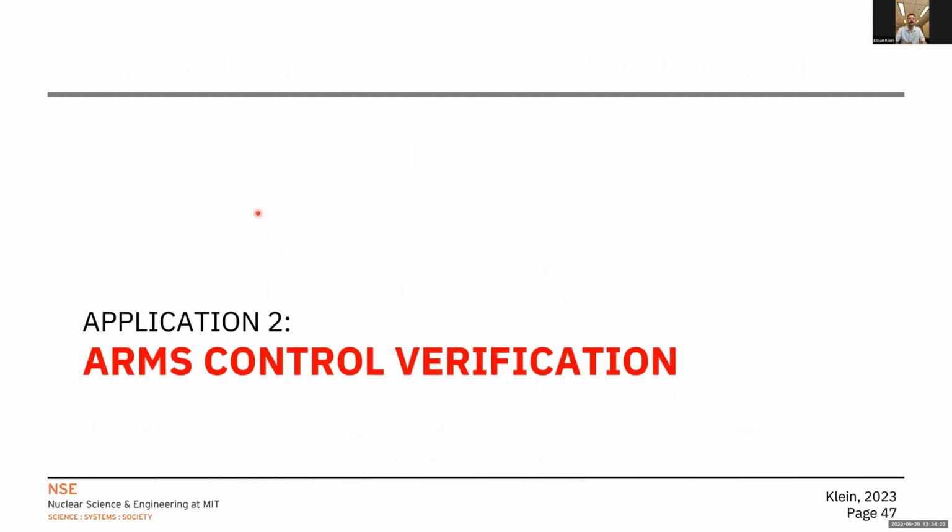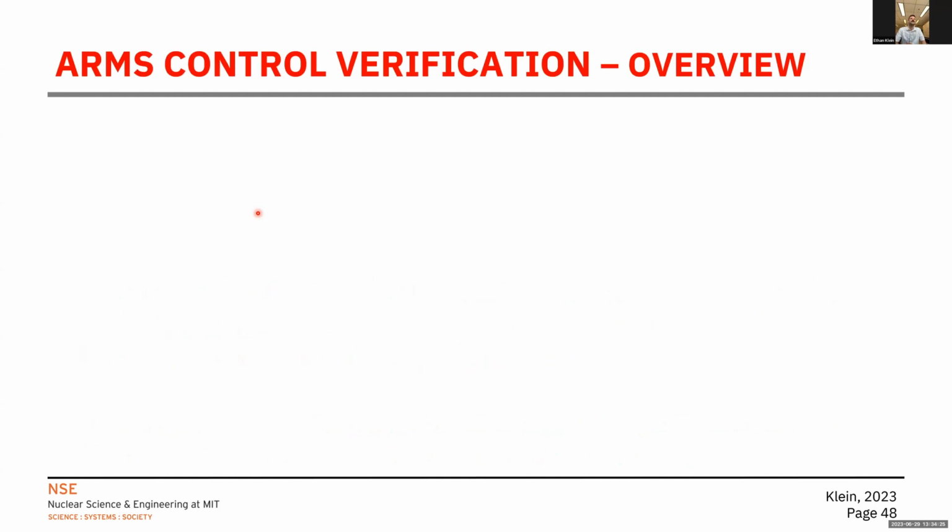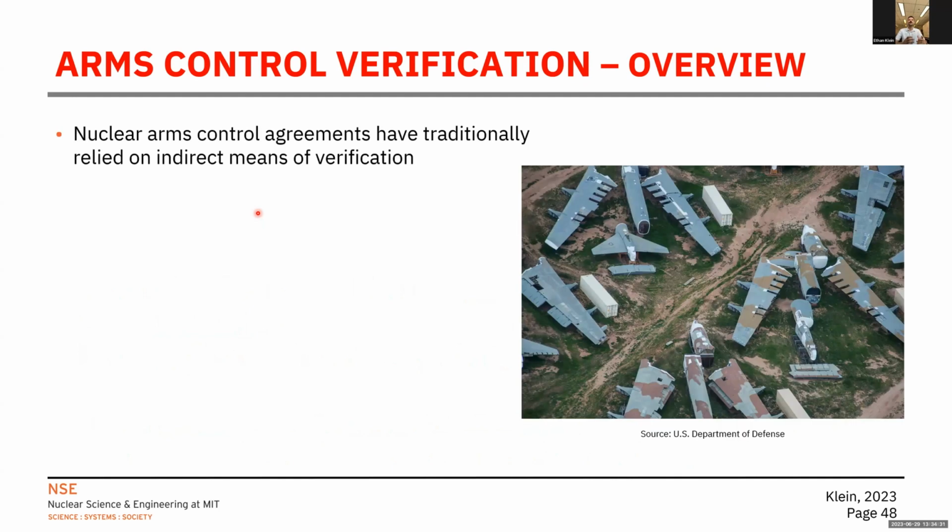Second application is arms control verification. So what do we care about? What's the kind of research question that we're asking? Well, traditionally, nuclear arms control agreements have relied on indirect means of verification. On the right-hand side here, you see the delivery planes, the planes which can carry nuclear weapons, with their wings broken off.